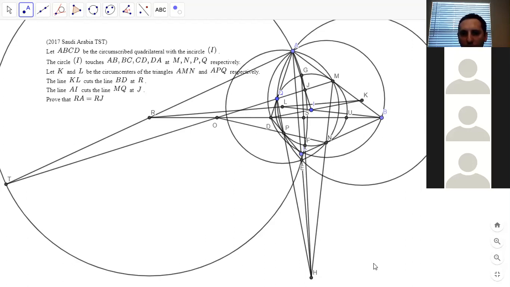How do we define S? It's the intersection of FG and BD.